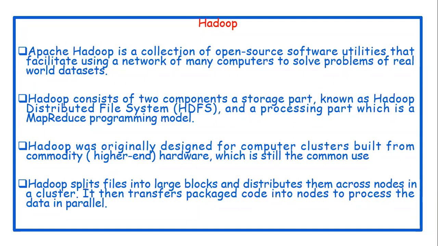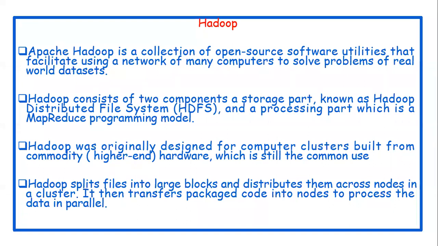Next, if you start distributing the data, first you have to take the large file or the data. The data will be prepared as a file system. After preparing the file system, you have to apply the splitting or partitioning concept.